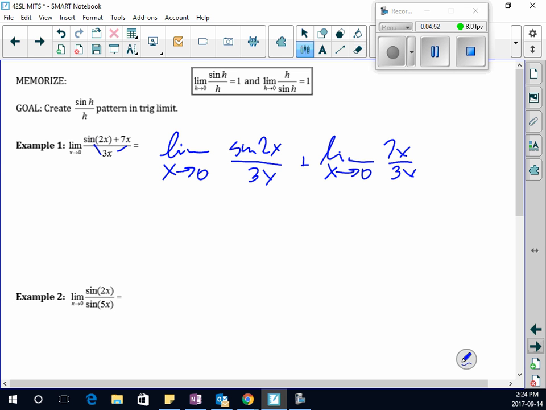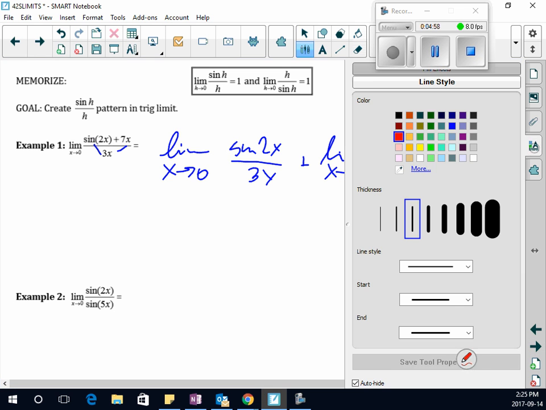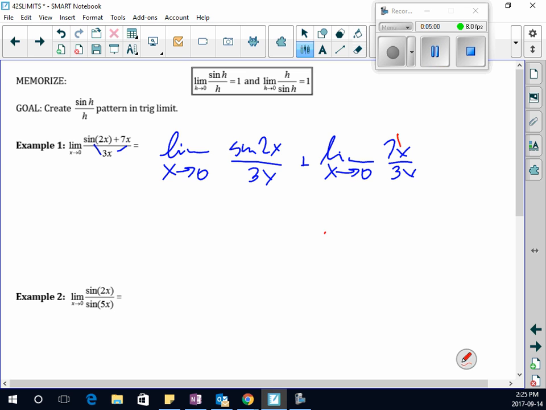So right now it looks like it might be 0 over 0. However, what's beautiful is the x's can cancel, right? And so what would the limit as x goes to 0 of 7 over 3 be? 7 over 3. This is a mess. If I put 0 in there and I put 0 in there, what do I get? 0 over 0.